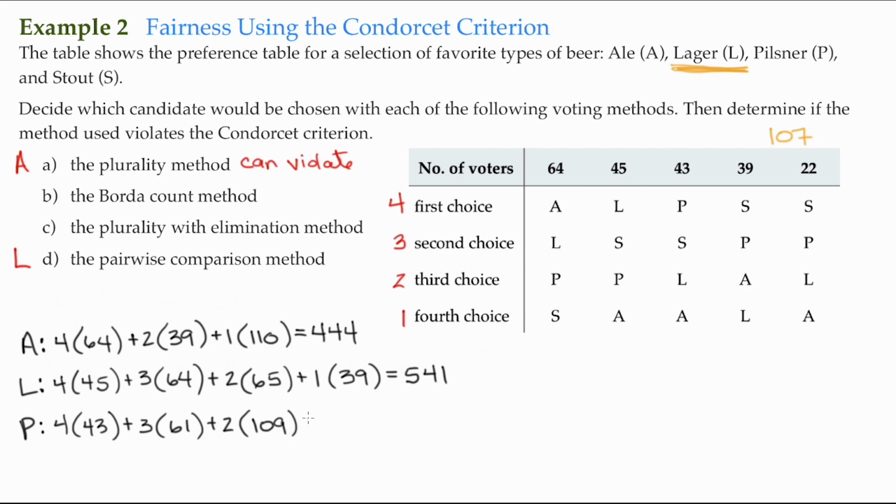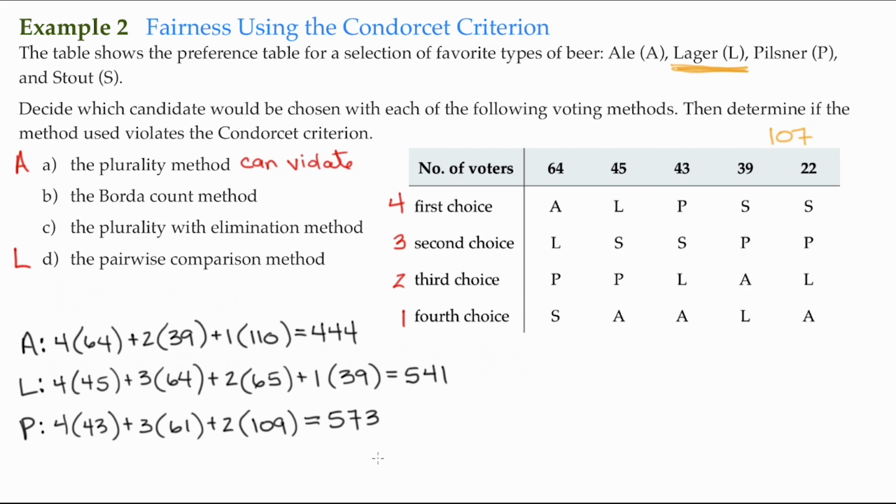There's none for fourth choice, so we'll get rid of this here. We'll tally all this up, and this comes out to be 573 points. So Pilsner gets 573 points using the Borda count.